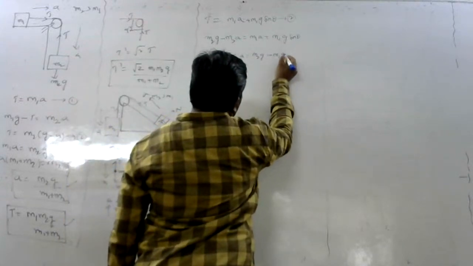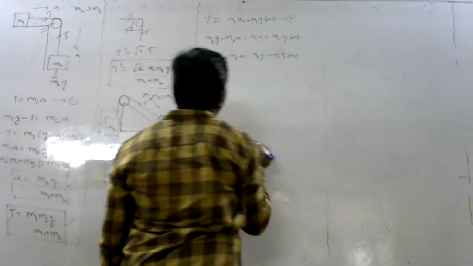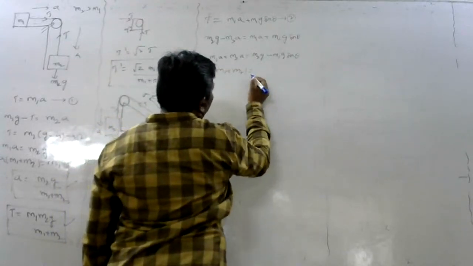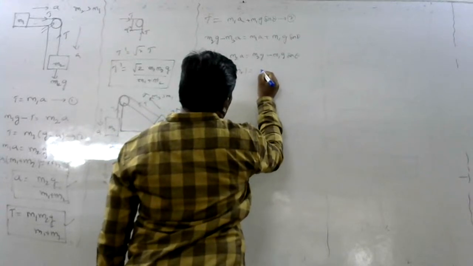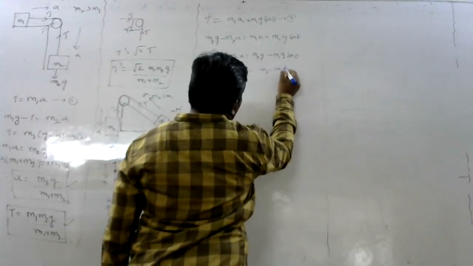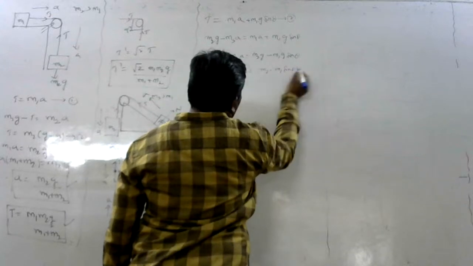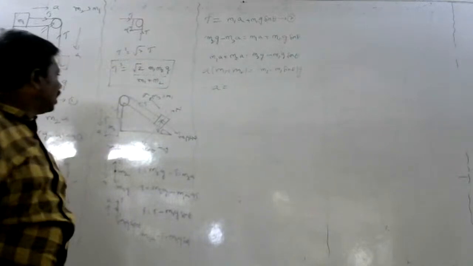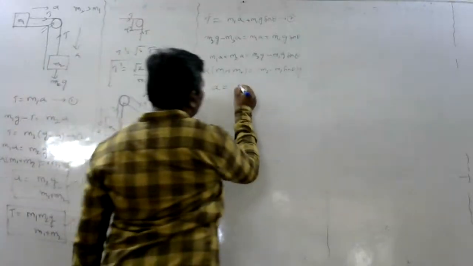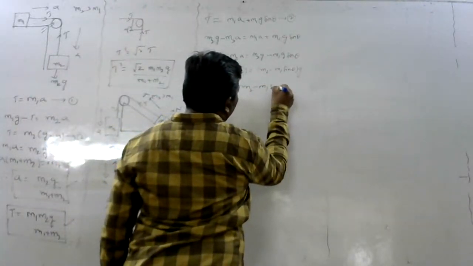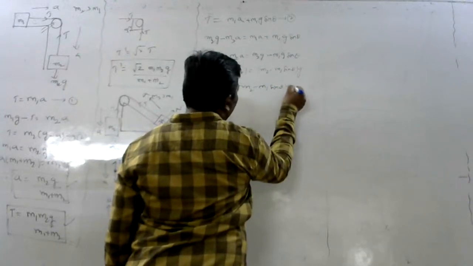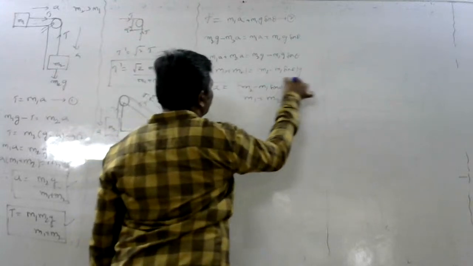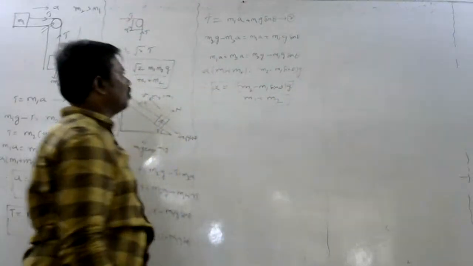Here a is common, m1 plus m2, and g is common, m2 minus m1 sin theta. Therefore, acceleration a is equal to m2 minus m1 sin theta into g by m1 plus m2. So this is the acceleration of the block.